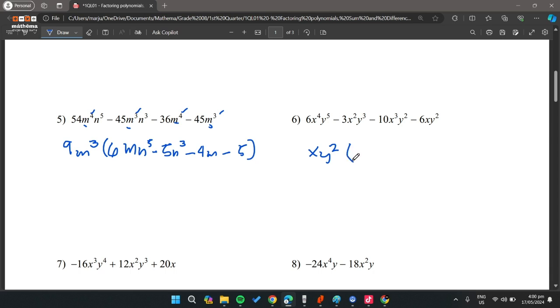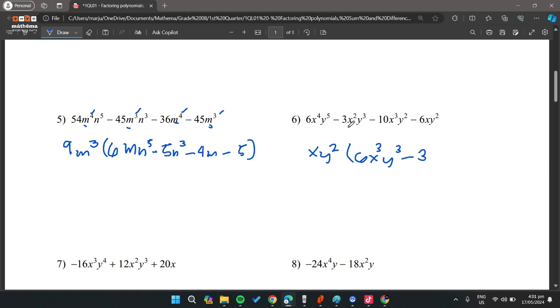So what will happen now? We have 6x to the fourth, y to the fifth, when divided by xy squared, that will give us what? 6. And then x to the 4 minus 1, so that is cube. And then y to the 5 minus 2, that should be cube as well. Minus, we have 3.